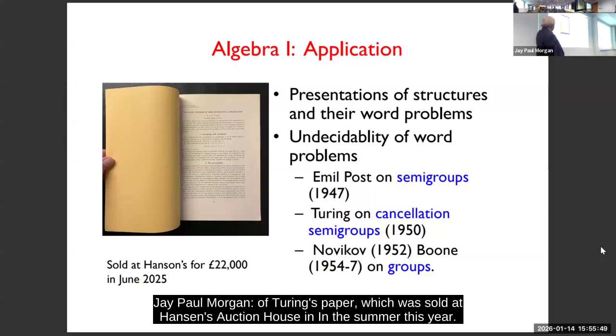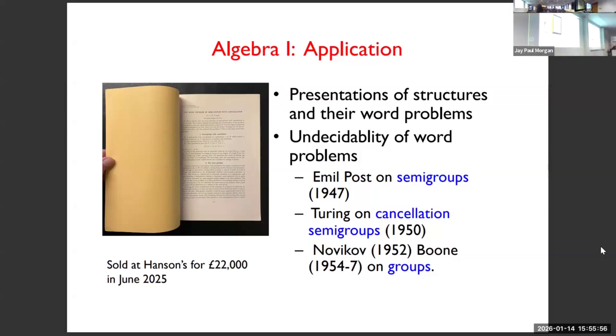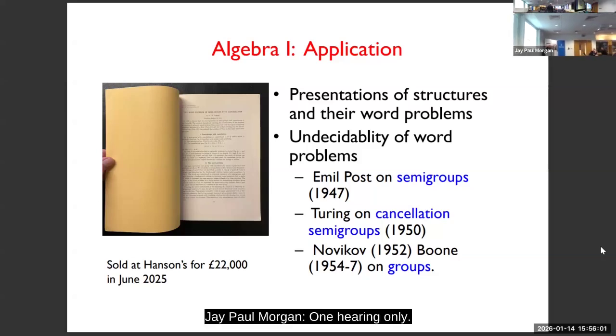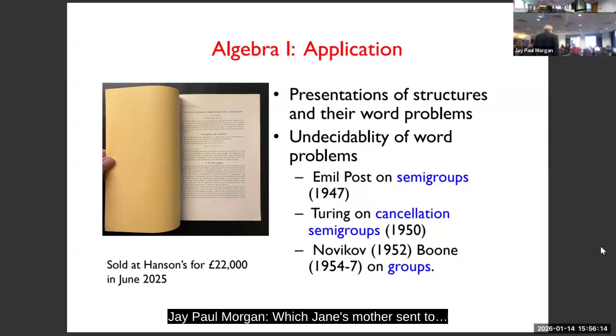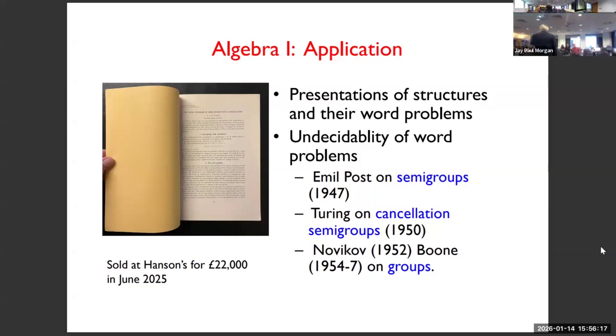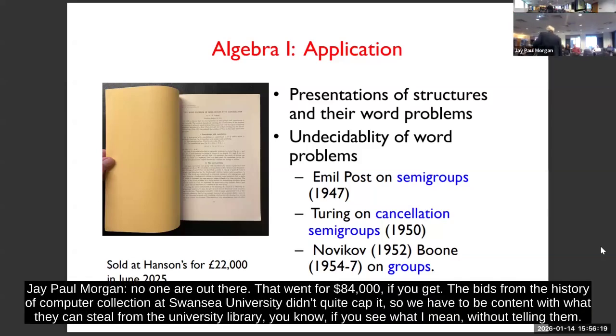This is an offprint of Turing's paper, which was sold at Hanson's auction house in the summer this year, as you can see, for 22,000. It wasn't Turing's own. For example, Turing's paper on proof theory, where the oracle is invented, that was Turing's own, which Turing's mother sent to Norman Routledge.